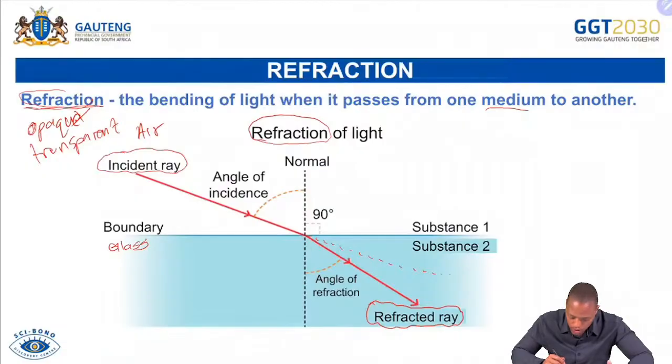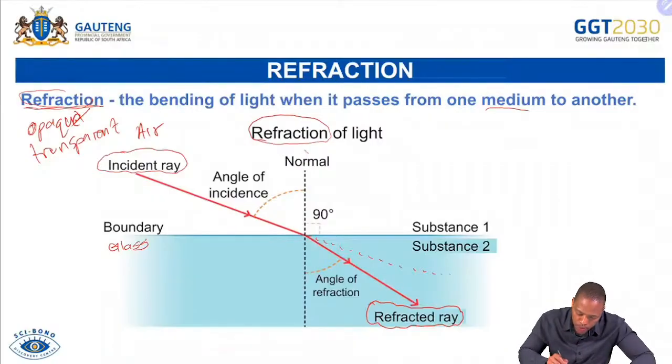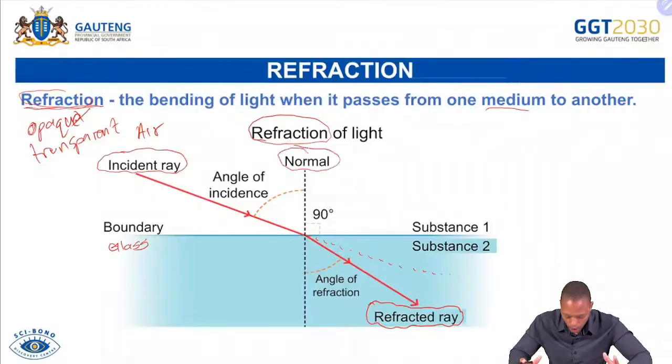Okay, we also have this imaginary line here, which is perpendicular to the surface of the boundary between the two mediums, or the two media, okay? And that line is called what? The normal. That line is called the normal, okay? Again, from that line, that's where we measure our angles, and the angle from the normal to the incident ray, and also the angle from the normal to the refracted ray.